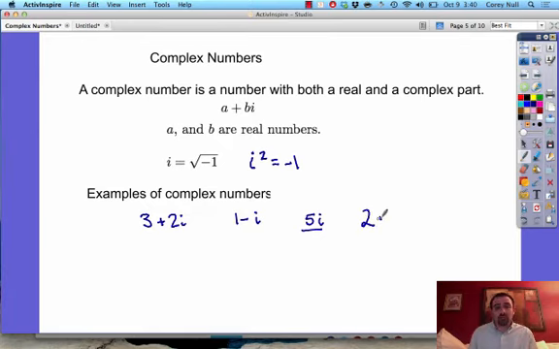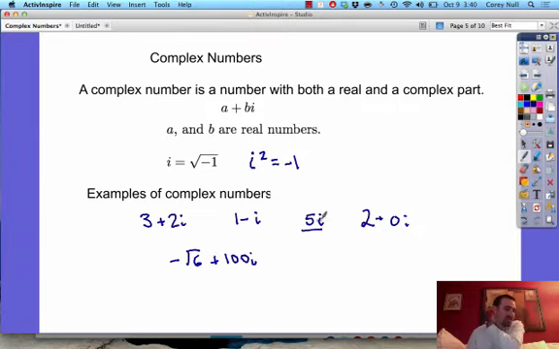That's 2 plus 0i. Okay. How about negative square root of 6 plus 100i? That's another one. Each one of these are complex numbers.